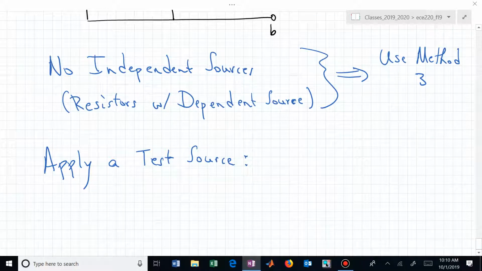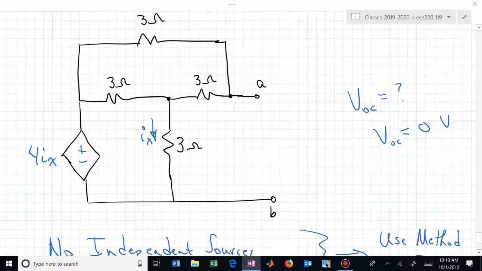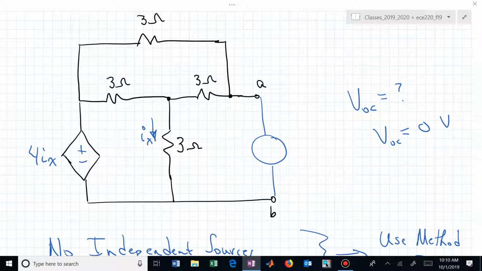Which one? How many test sources do we have? We could apply, so I guess our exams are multiple choice, so that wouldn't get us any extra credit, would it? Or partial credit by drawing that, but you're starting to go in the right direction.